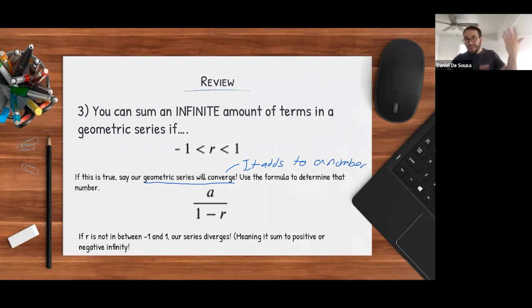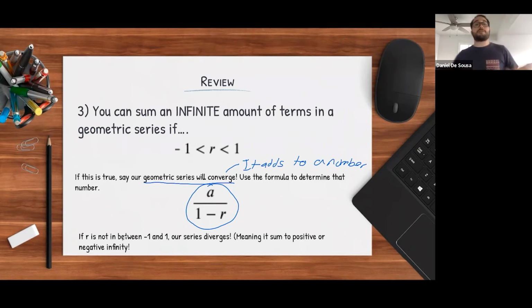Now, if our common ratio is between -1 and 1, then we can say that our geometric series will converge. Converge means it adds to a number. You must be like, what? How's that possible? Trust me. So if your common ratio is in between -1 and 1, we say it converges, and we use the following formula to determine that. Crazy how this formula is smaller than the last one, yet it sums an infinite amount of numbers, which is crazy.